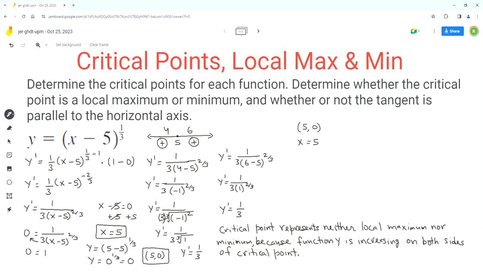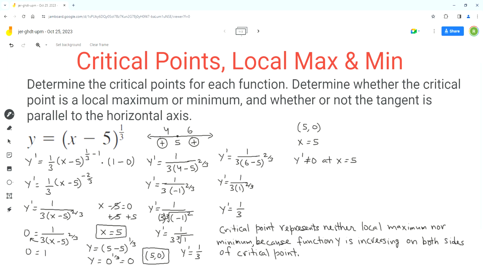So at x equals 5, y prime is not equal to 0.